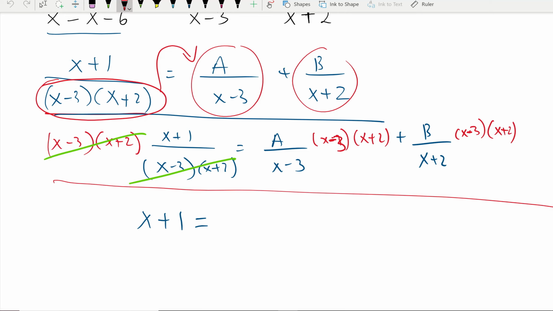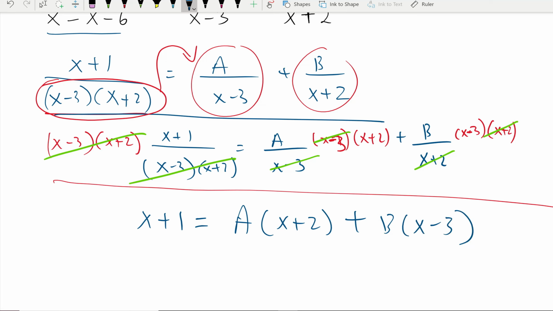Okay, all right, so let's cancel out. x minus 3 cancels out, and here x plus 2 cancels out. So what's left is A times x plus 2 plus B times x minus 3. Basically, what I did here is get rid of the denominators. Can you see? There are no fractions here, just simple terms. That's the purpose of multiplying by that denominator. Take time to think about this.